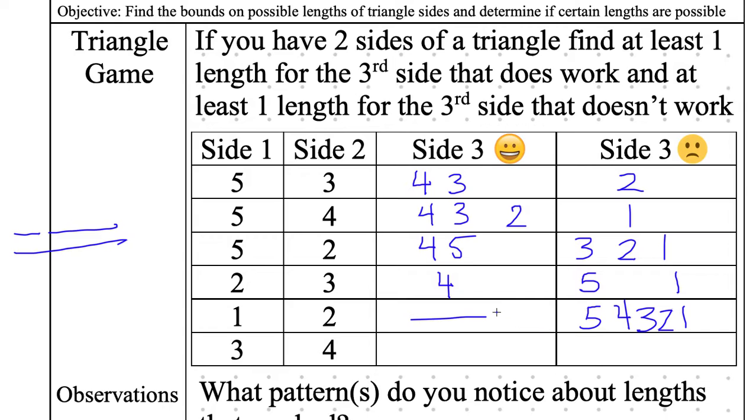You're right, 2 does work. 3 and 4, what worked? 5 does work, yes. Did 4 work? Yeah. Did 3 work? Yeah. Did 2 work? 2 will also work there.